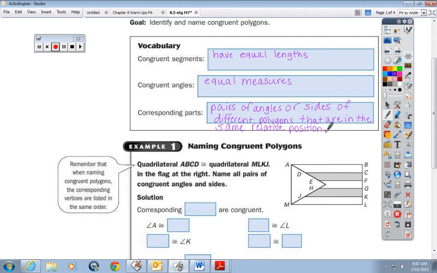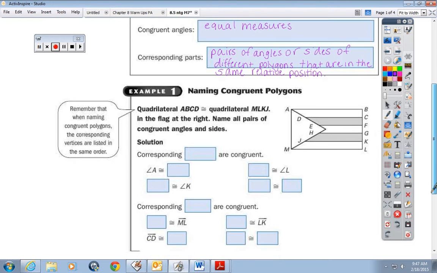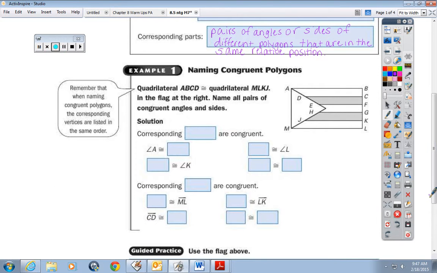Okay, so example one is one of those examples where not looking at the picture actually helps. Now I'm going to show you what we're talking about here with the picture, and then explain how not looking at the picture helps. They tell us that the quadrilateral ABCD, and this symbol right here means congruent, that means they're equal, so the quadrilateral ABCD is congruent to the quadrilateral MLKJ.